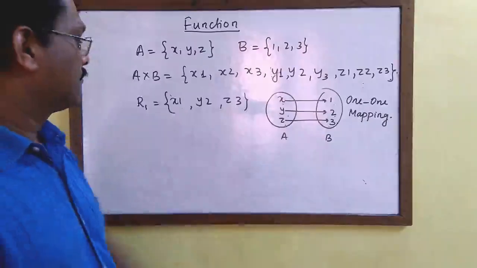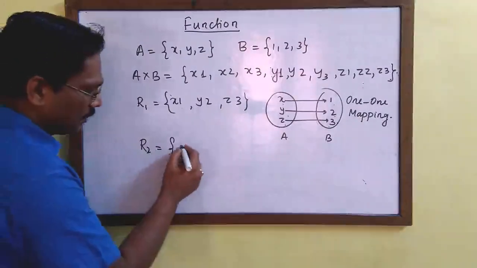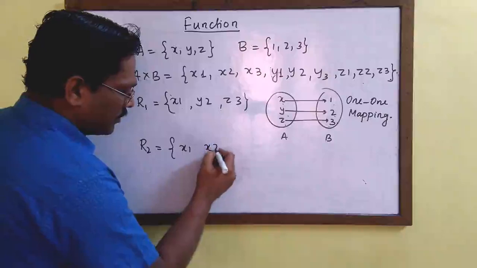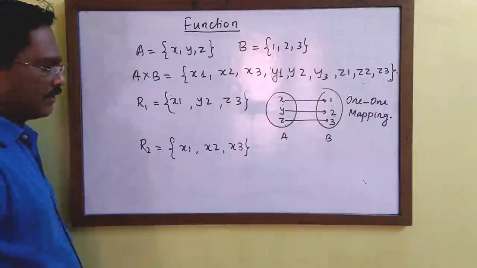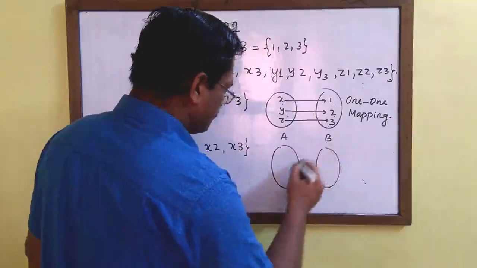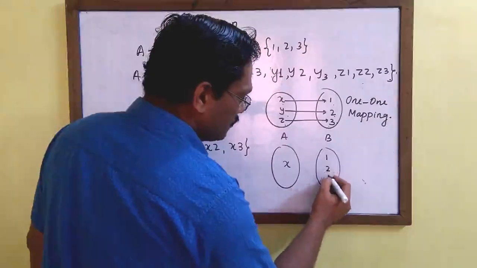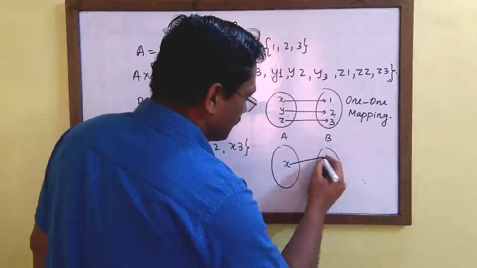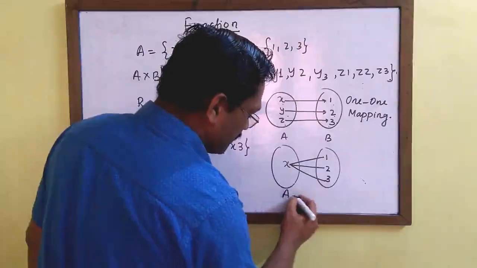Now if I take another example, suppose I am writing x1, x2, x3. This is also another relation. How do I represent it in mapping? You have only one element x here, and 1, 2, 3. So x is mapped with 1, x is mapped with 2, x is mapped with 3.